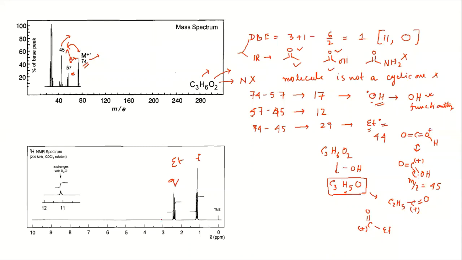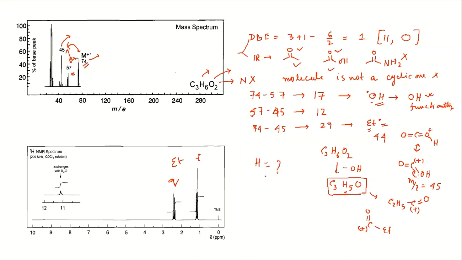Now you don't have any other proton, right? So this C3H6, mostly the ethyl one, and ethyl has 5 protons, so you have 1 proton left. What is that proton?